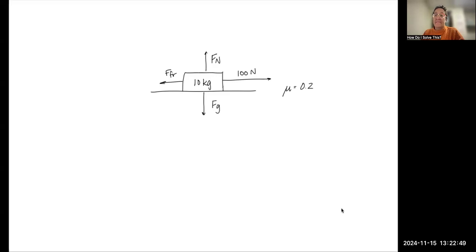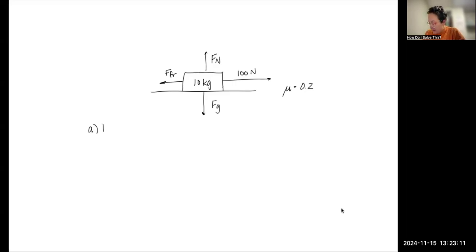All right. There is a lot to calculate here. And actually, before we go on, let me make sure to link the videos for normal force and gravity and the video for friction, because you might want to go and refer to those. Okay. So to solve this problem, what do we need?